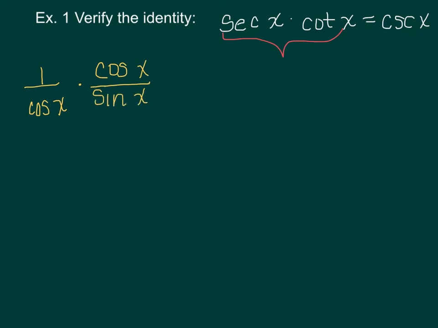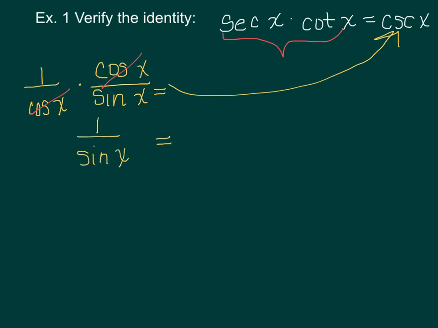And see, what you're trying to do is manipulate this because remember now, our goal is to try to get to cosecant, which is the reciprocal of sine. So you want to try to make sure that you look at what you're trying to get to so you'll know what to use to get there. So the reason why we want to go this route is so that these can cancel. And then you're left with 1 over sine.